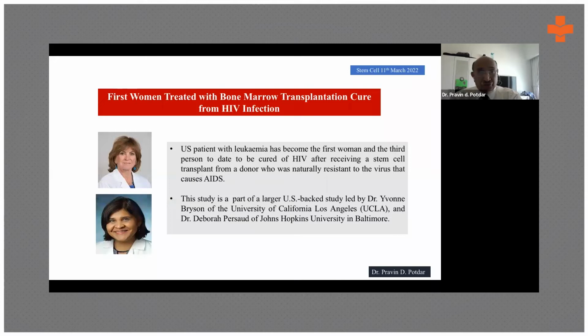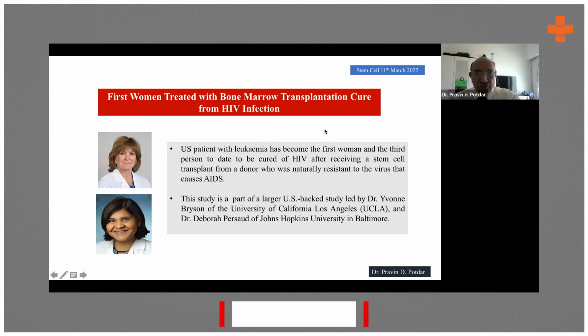Again, this is the first woman treated with bone marrow transplantation and cured of HIV. This is again two scientists, Yone and Dr. Deborah Persidis from Johns Hopkins Institute and UCLA. They have also made similar experiments, and they have shown that their patient has a better cure from the cancer.